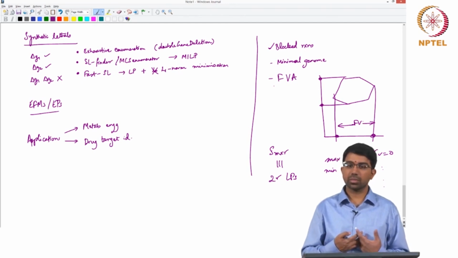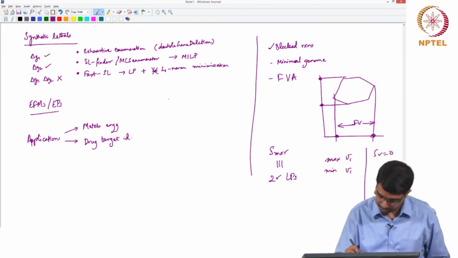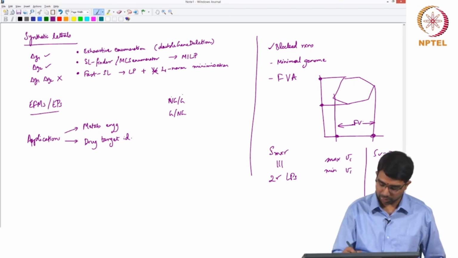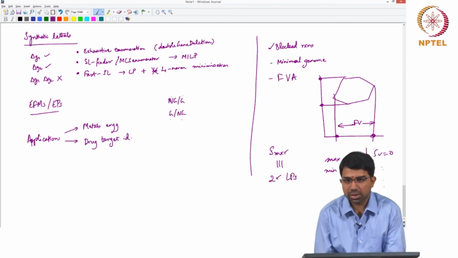And you remember we studied these no growth, growth, growth, no growth examples. The experiment predicts there is no growth, but in the model you see growth, or the experiment predicts there is growth and in the model you see no growth, and there are a bunch of reasons why this could have happened. This is essentially the whole set of things that we saw under constraint based modeling.